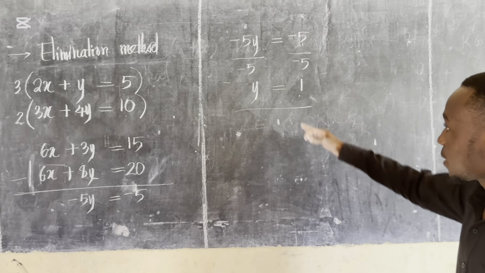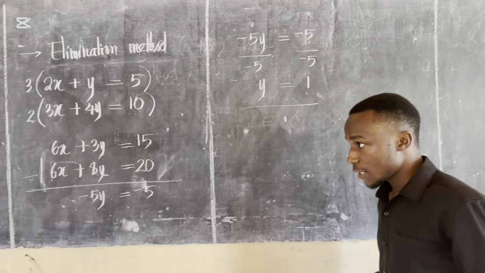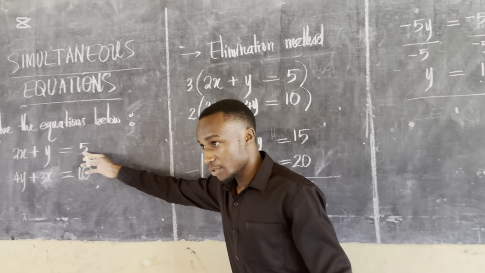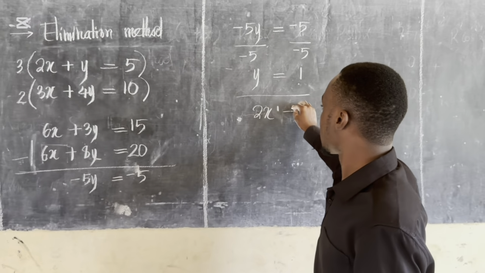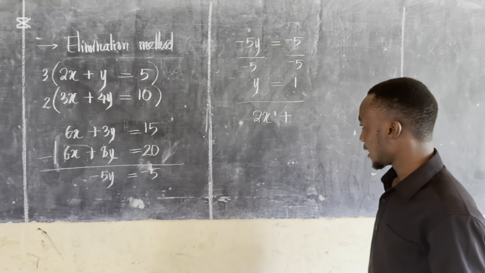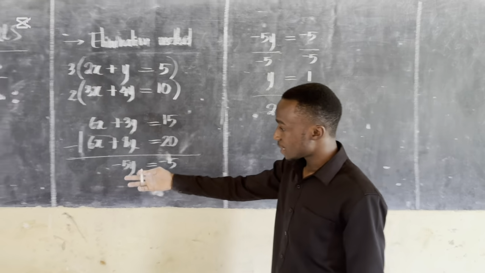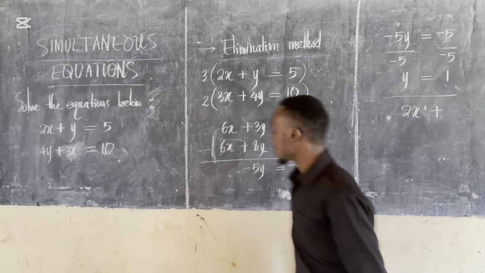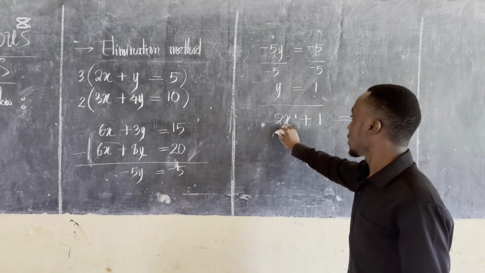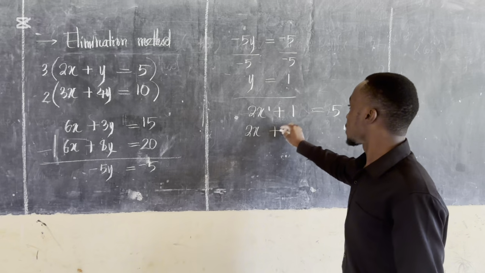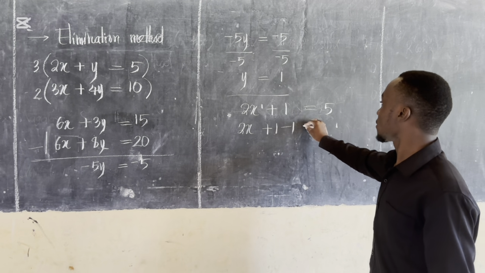After getting your y as a 1, we will come back to one of these original equations, and now you write there your y as 1. Instead of writing y, I will write 1 is equal to 5. And now I continue. This is a positive 1, so I take it away.